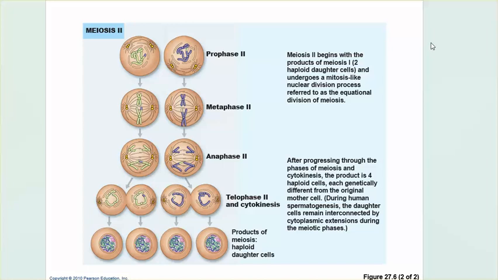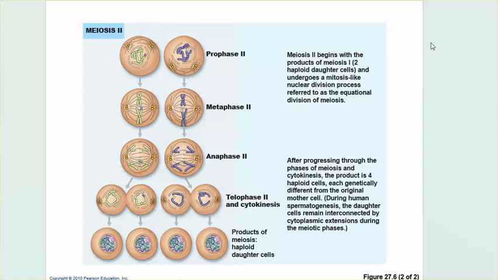In the oocytes, in the eggs, the egg needs the cytoplasm, it needs the organelles. And so only one of the 4 nuclei is retained, and the others are thrown off as what are called polar bodies, and they just disintegrate. They're not used.